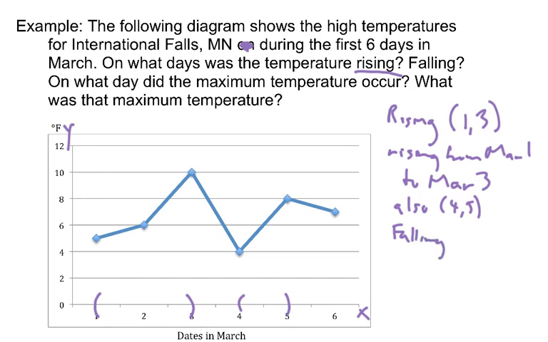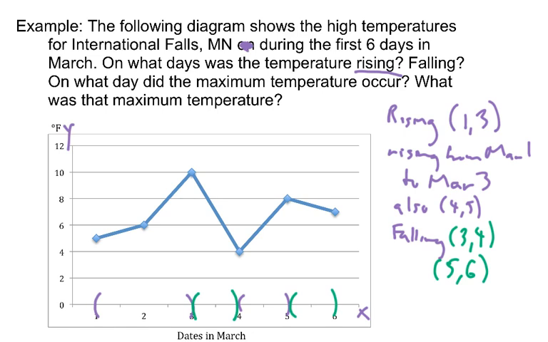Well, the high temperatures are falling between the 3rd and the 4th. Anywhere else? One more place, from the 5th to the 6th. And so the mathematical idea of increasing and decreasing clearly can be applied in a practical situation like this.